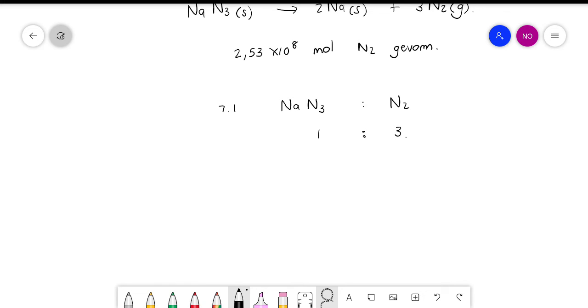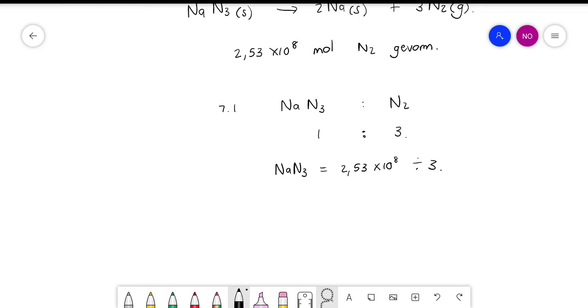Okay. Onthou hulle sê nie atome stikstof nie, hulle sê molekule stikstof. So that's all you have to work with here. So then in other words, the amount of mole of NaN3 formed will be equal to 2,53 times 10 to the power of 8 divided by 3. Almal seker hoekom ek hom deel deur 3? Want is 1 tot 3, né? Sien julle?